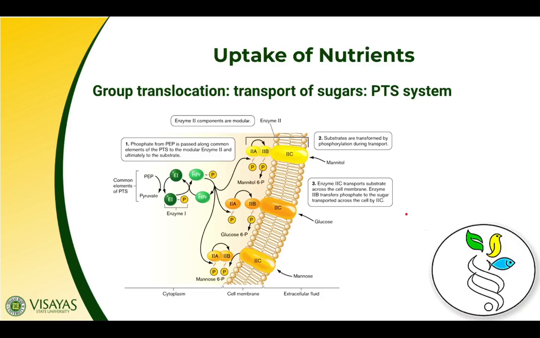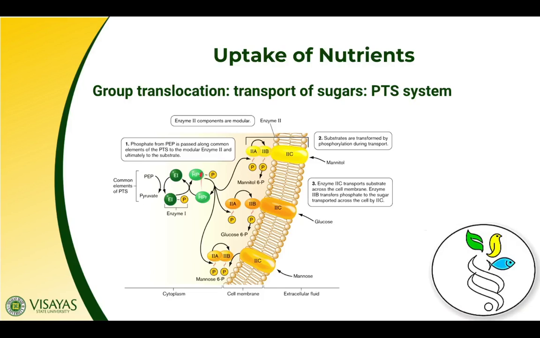As PEP donates the phosphate, the phosphate is taken in by enzyme 1. The PEP becomes pyruvate. Enzyme 1 with the phosphate complex passes on the phosphate to HPr. The substrates are transformed by phosphorylation during the co-transport.